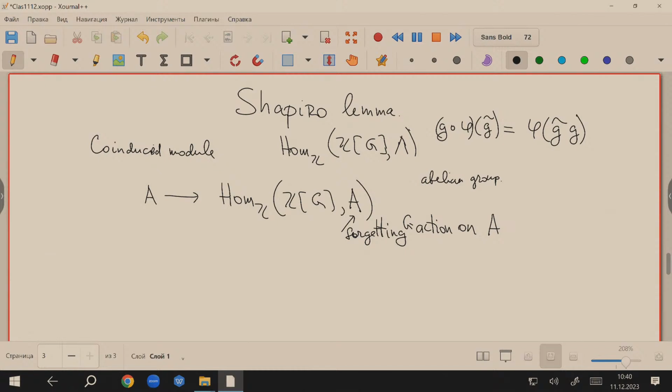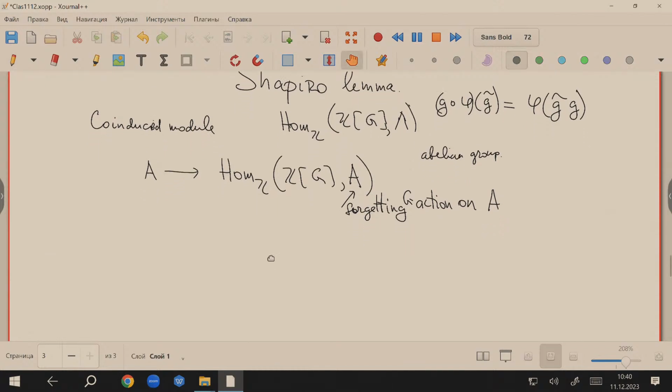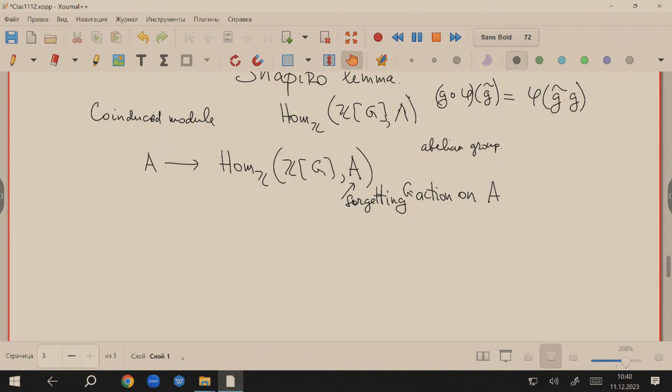And similarly, we can do the same trick. We can also introduce the same thing when you have the following situation.